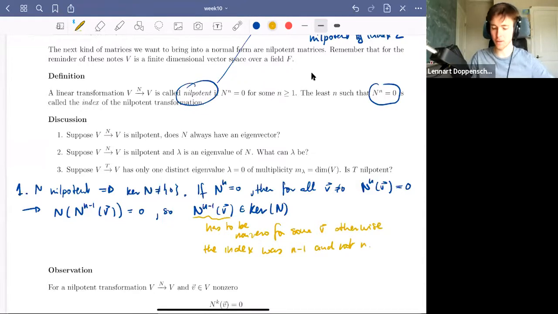If it was 0 for all v, then the index couldn't be n, because only the 0 vector has kernel equal to the entire space.